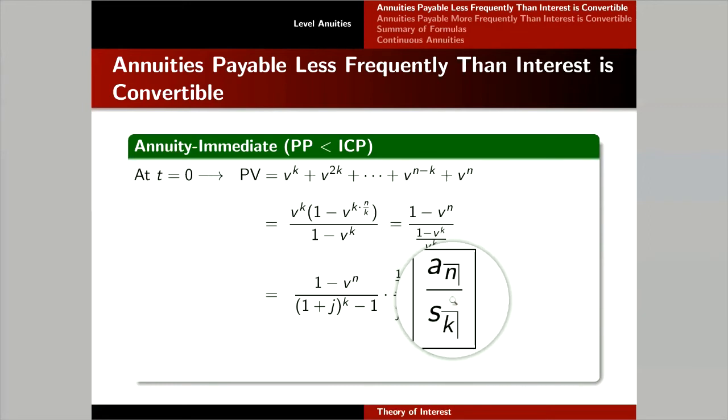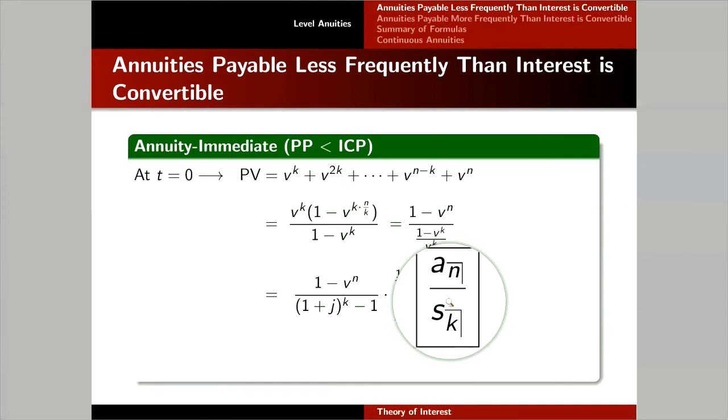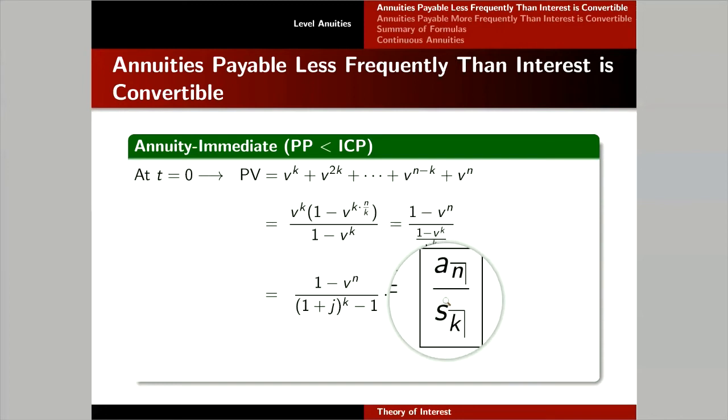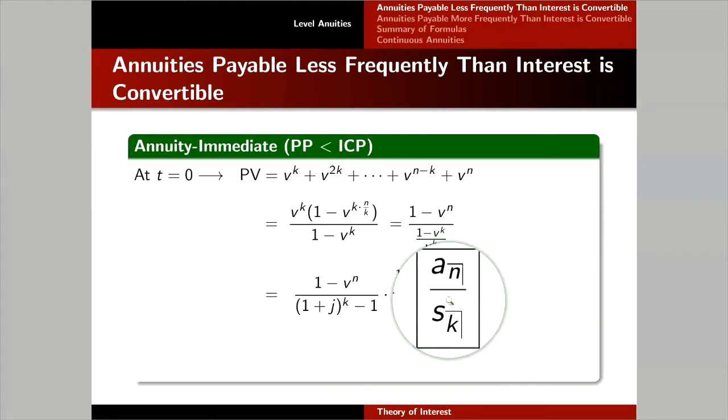When you see this symbol, a quotient of A angle N and S angle K, you interpret this as the present value of an annuity immediate where payments are made less frequently than interest is convertible. Okay? PP is less than ICP.